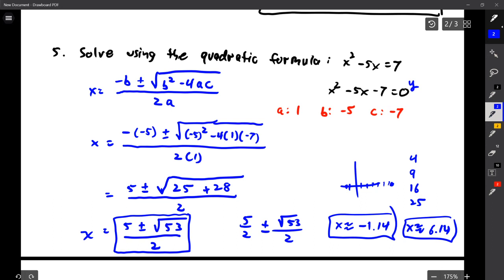We know that it would cross the y-axis at negative 7, so it'd be way down there. So this would scoop down like that and then go, but I'm a little bit skewed. But just a quick visual of what's going on there.